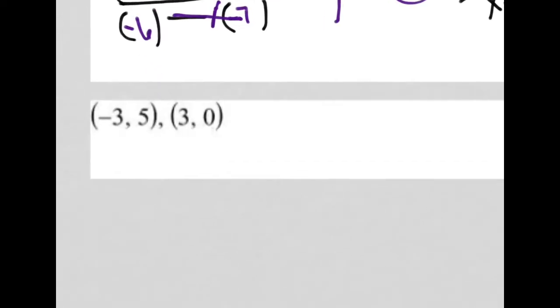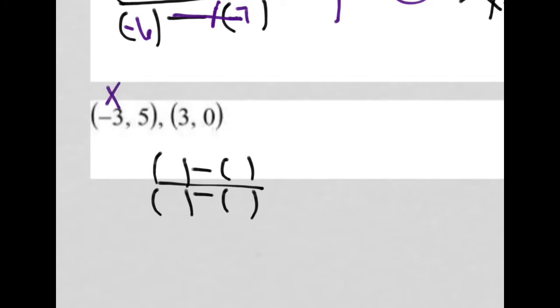Do the same thing on number 14. Start off with our fraction bar and our 2 negatives. And then I got to fill in my x1, y1, my x2, y2. Well, this time let's do y2 minus y1.